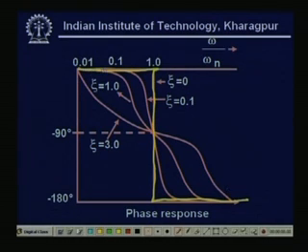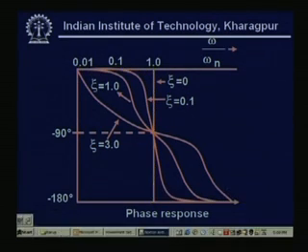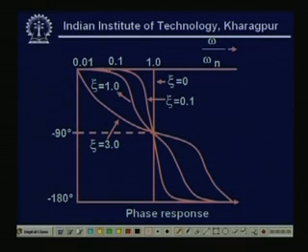Let me take it again. It will go like this, xi equal to 0, come like this, and the response will be this: from 0 degree to minus 180 degree, it will follow.